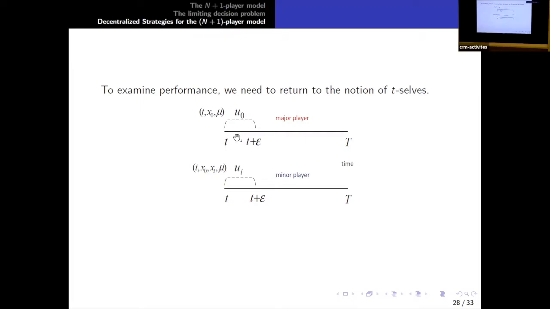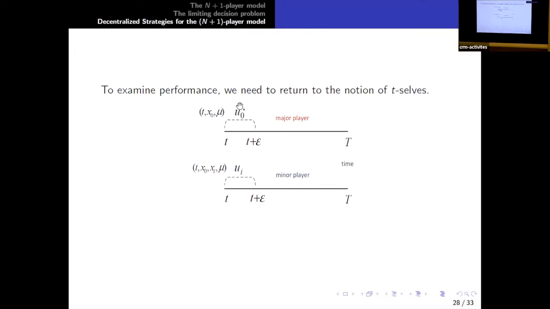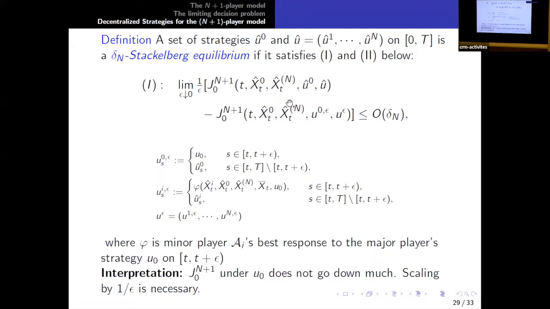For the major player, we consider its control perturbation on this small interval, that is this short period, and for the remaining period, it's still the same.